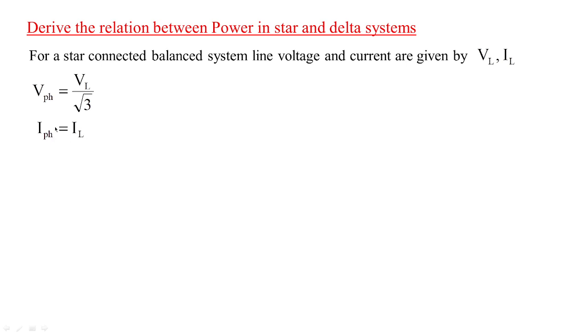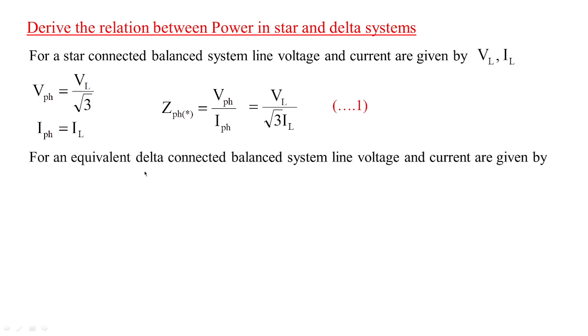So, in star network, what we need to remember is that the line current and the phase current are one and the same, whereas the phase voltage is equal to line voltage divided by root 3. With this, I can easily get the impedance in star form as V phase by I phase, replacing the values of V phase and I phase in line voltage and line current form. So I'll get VL by root 3 IL. I'll treat this equation as 1.